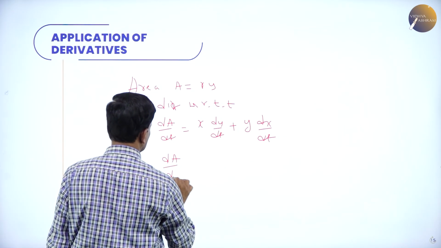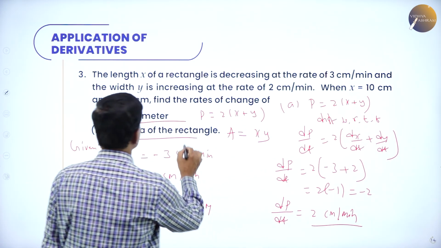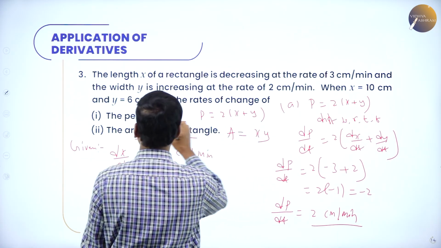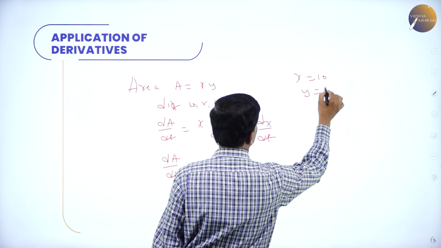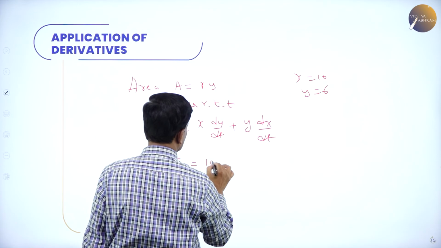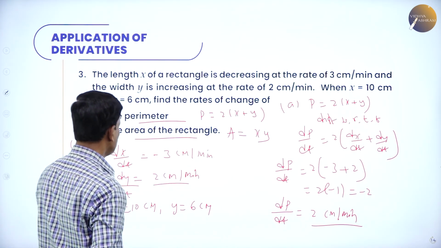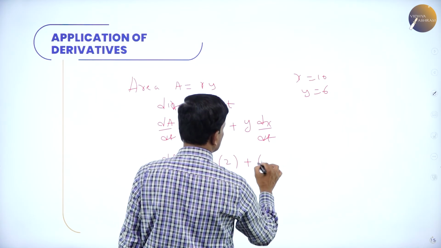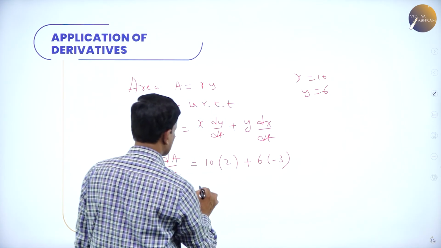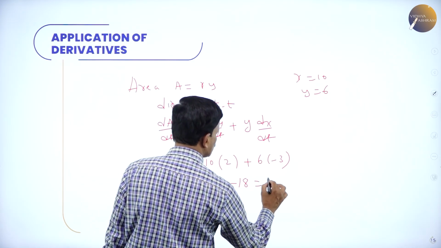Here x is equal to 10 and y is equal to 6. So 10 into dy by dt, which is 2, plus y, which is 6, into dx by dt, which is minus 3. 10 twos are 20, minus 6 threes are 18. This is also equal to 2.